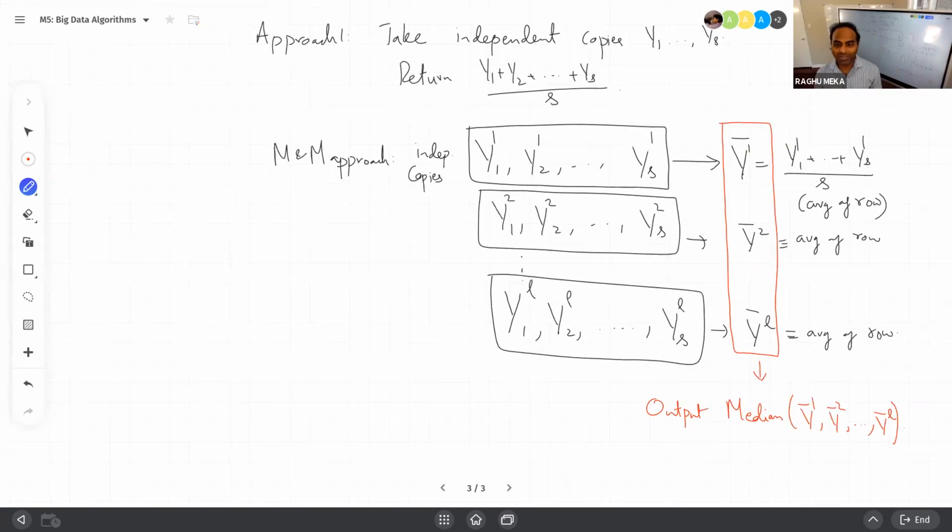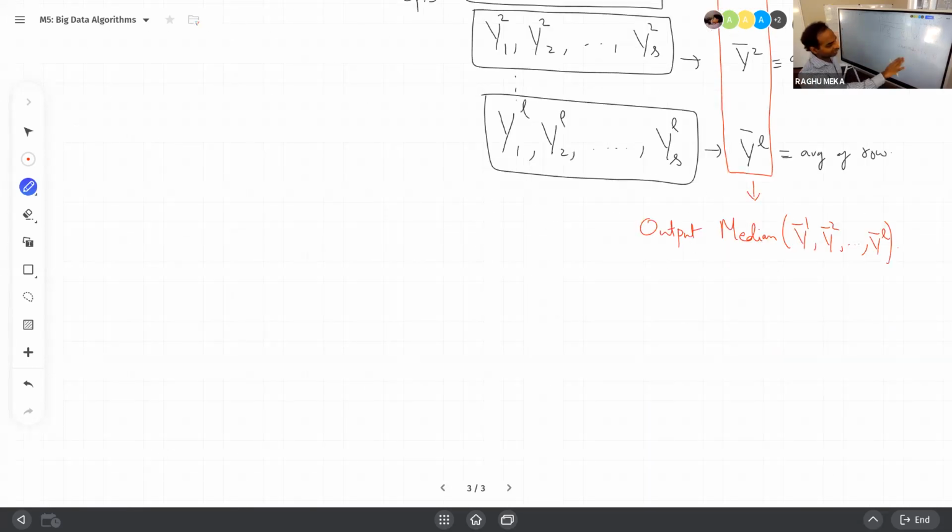Taking the median helps you boost it, because if the median is wrong, then most of them should be wrong. Just as for count-min sketch, where if your final estimator was wrong, every one of them had to be wrong. Here it's something similar. If the median is wrong, most of them should be wrong, and each one is wrong only with probability 1/4. So that's the median-of-means trick.